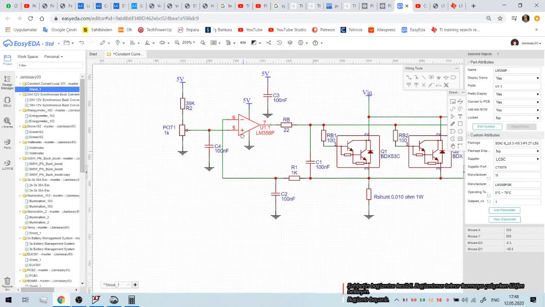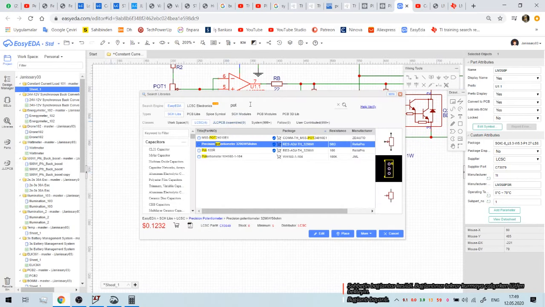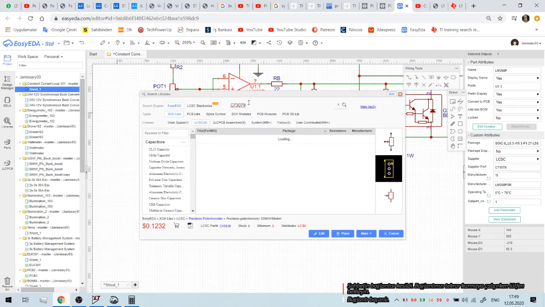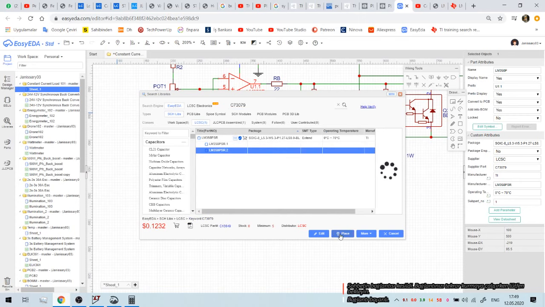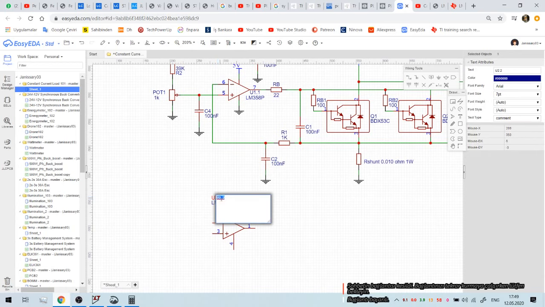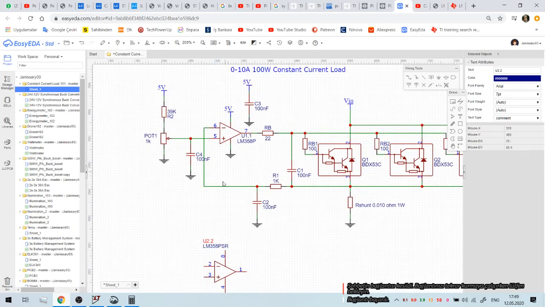Yes, we have another op-amp. I said it. Okay, this is our second op-amp in the same package. You can see.